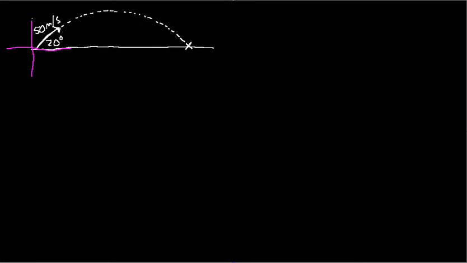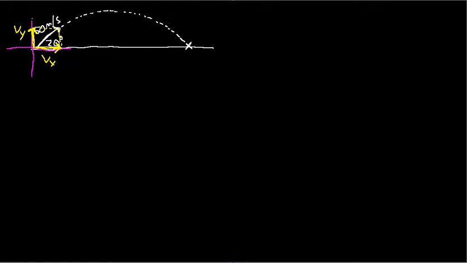Initially we want to find components. This one right here is going to be my x component velocity, v sub x. This one right here is going to be my y component velocity.